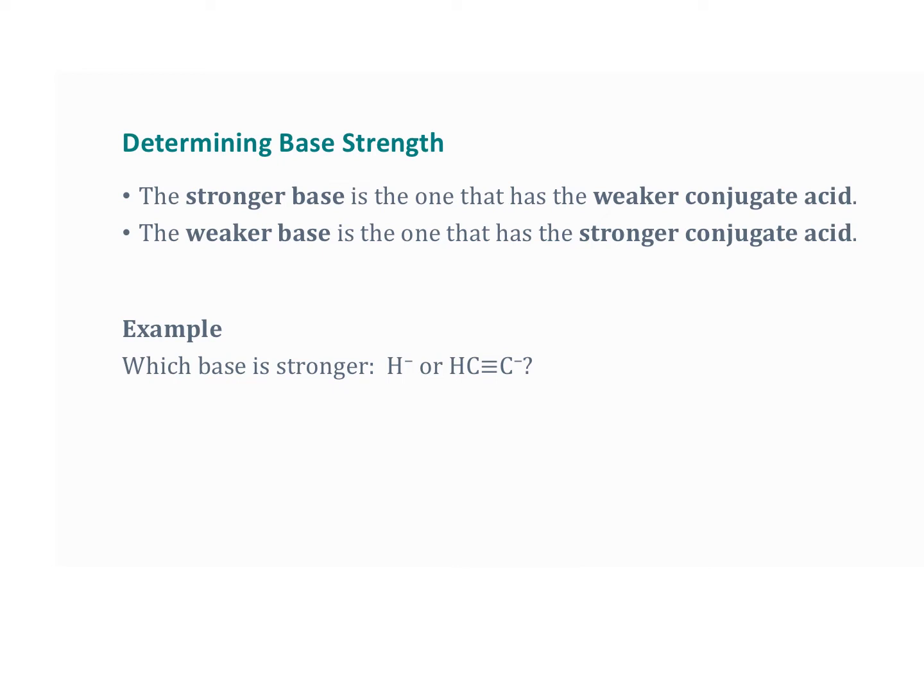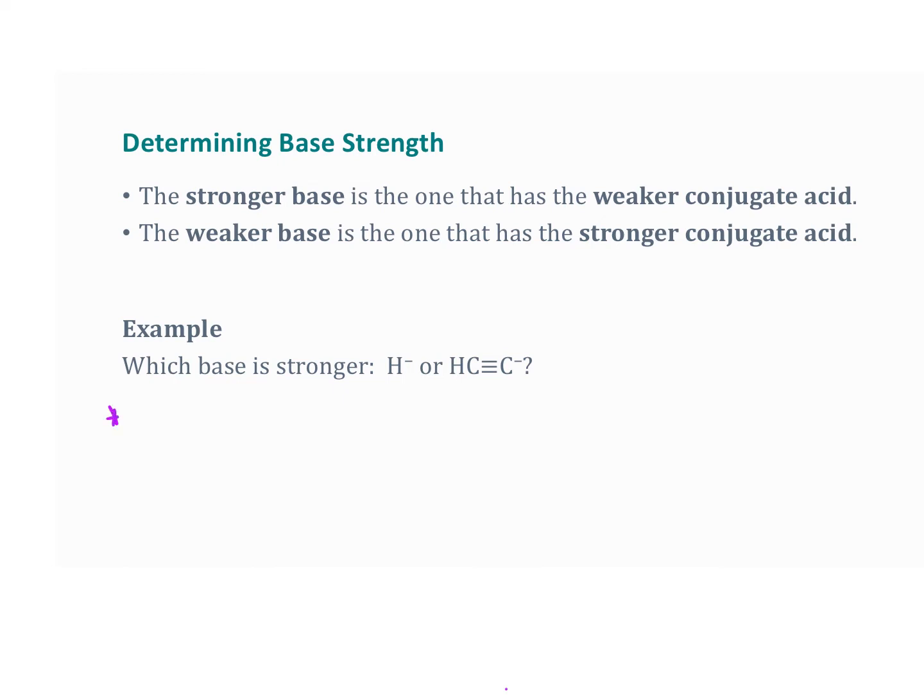It says, which base is stronger, H minus or HC triple bond C minus? Okay. Well, we only have pKa values, and those help us evaluate the acids. So we first need to write the conjugate acid.